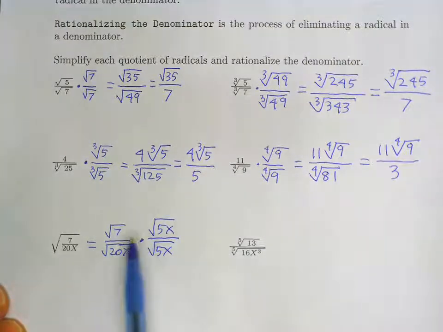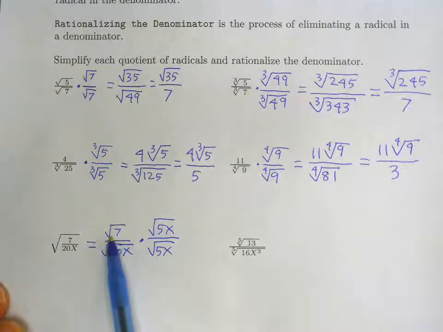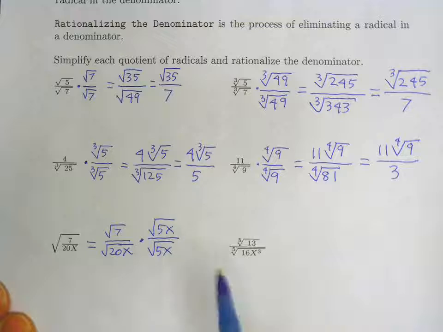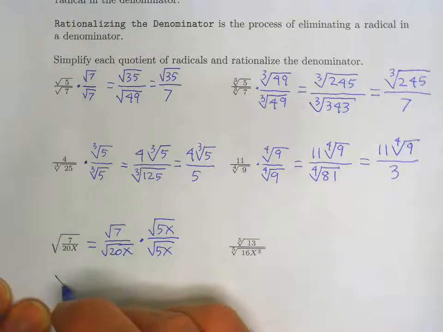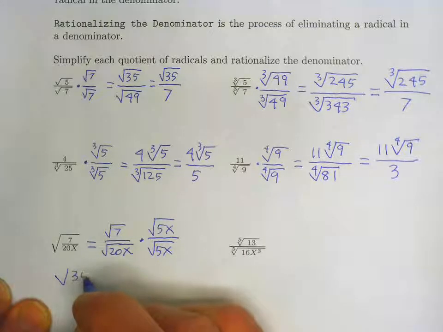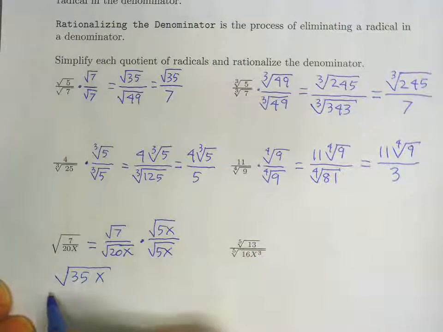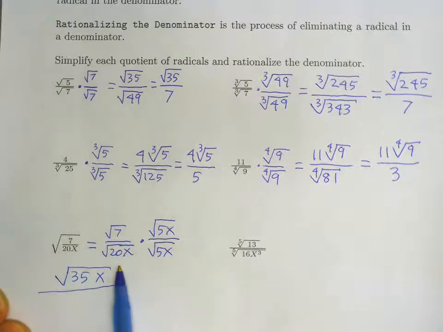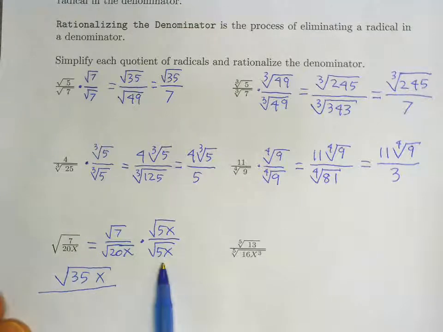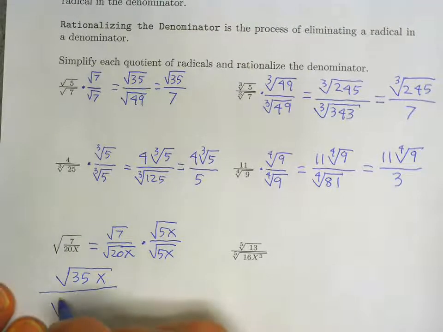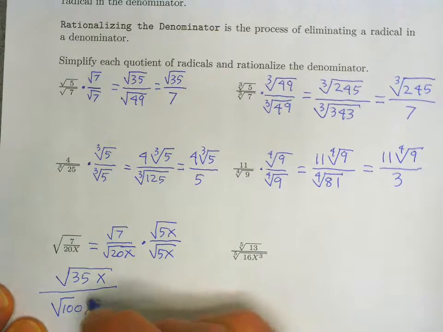And then in the numerator, we multiply the square root of 7 times the square root of 5x, and we get the square root of 35x. And in the denominator, the square root of 20x times the square root of 5x is the square root of 100x to the second.